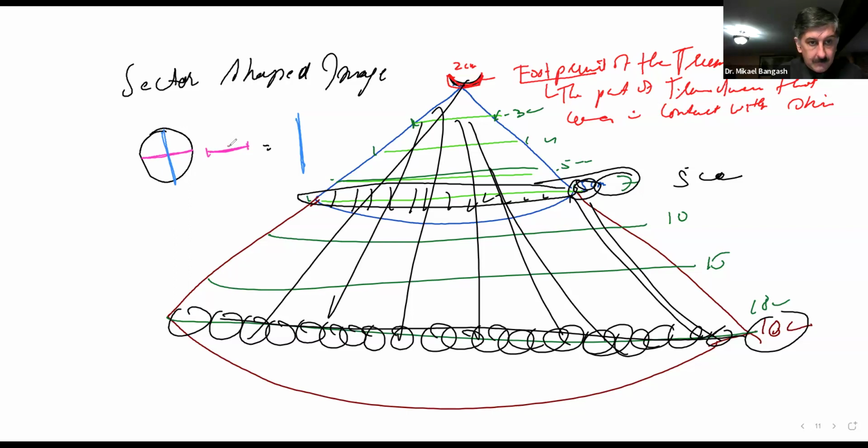What will this determine? The width of the beam.